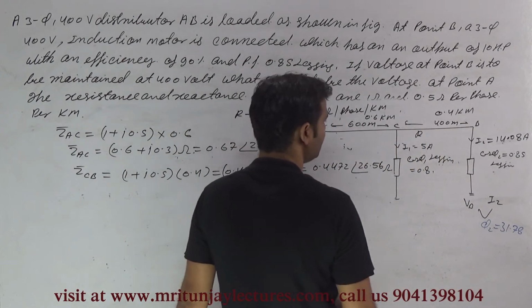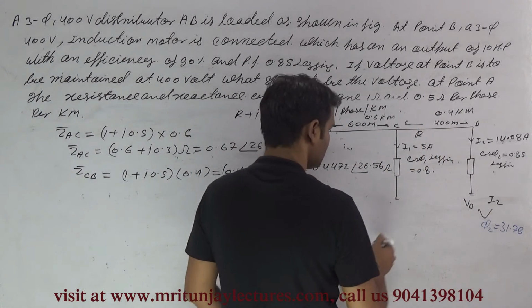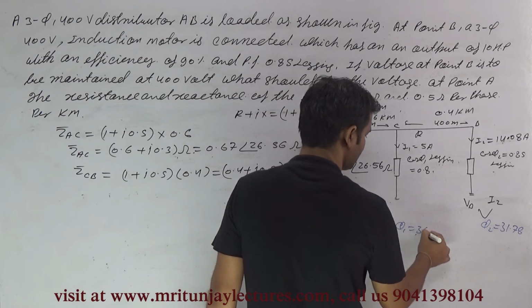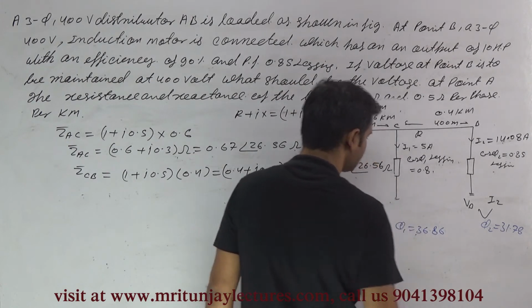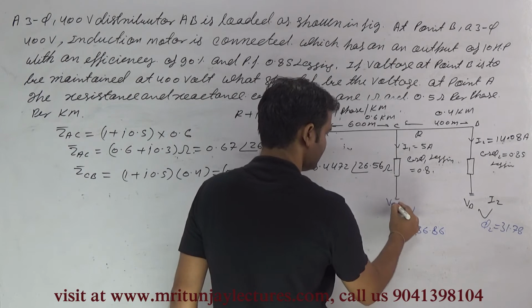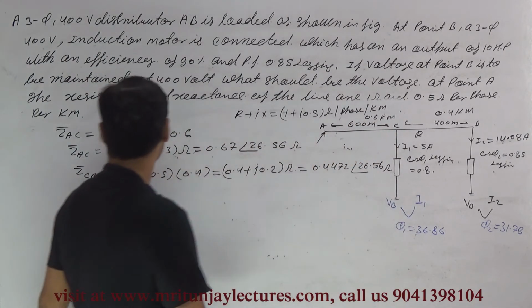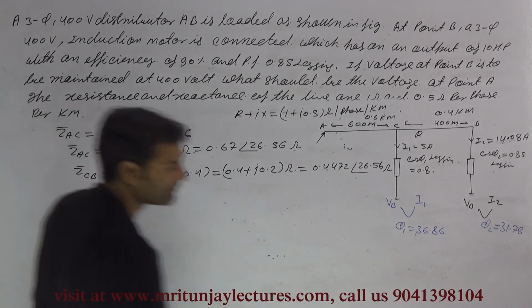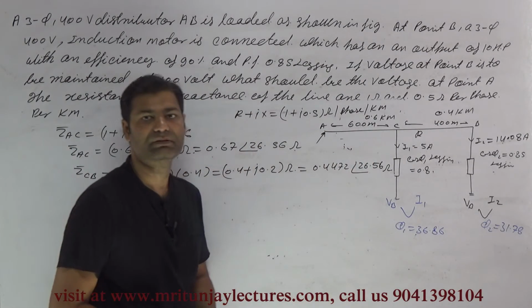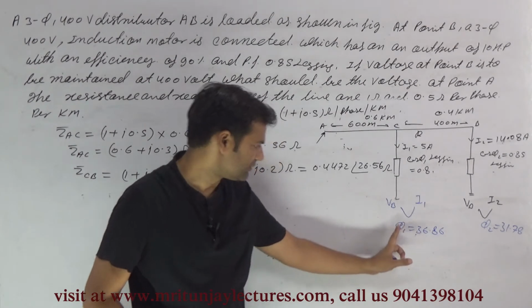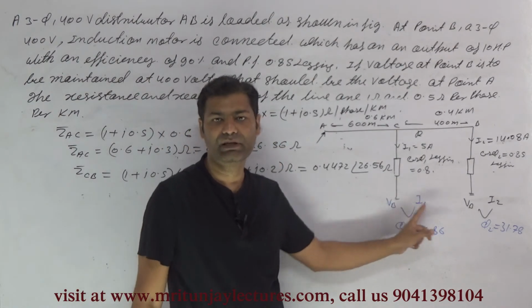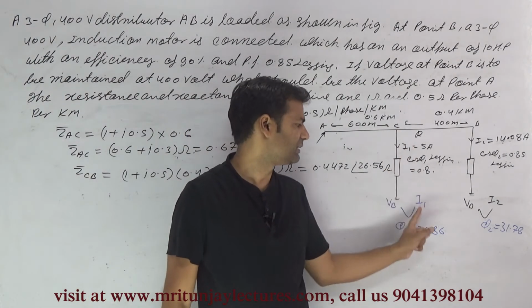And what about phi 1? Phi 1 is 36.86. This phi 1 is the angle between VB and I1, or VC and I1.